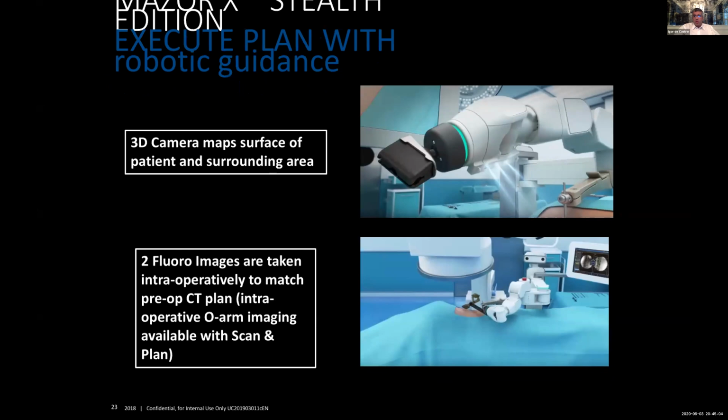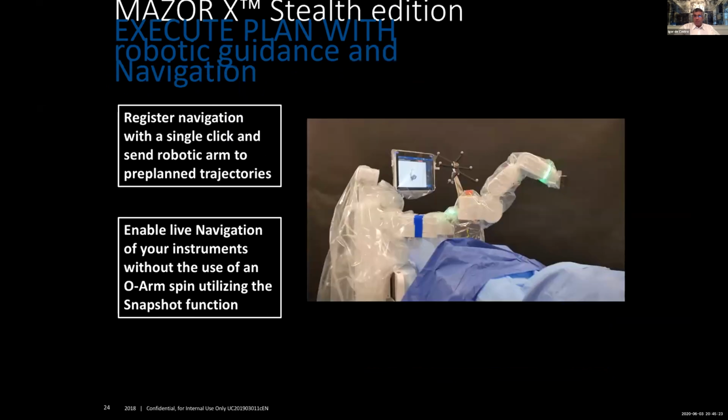Long story short, we're talking about a very, very expensive machine that helps us a lot, but basically nowadays, the only thing we can do with it is to direct and position a screw. If I do screws percutaneously, the only thing I do with the robot is K-wire placement.